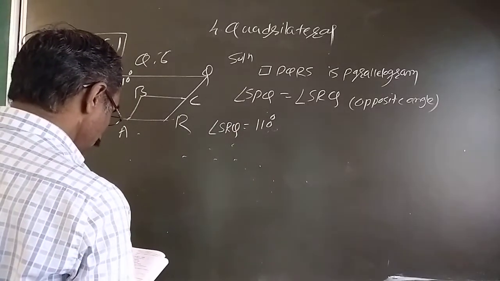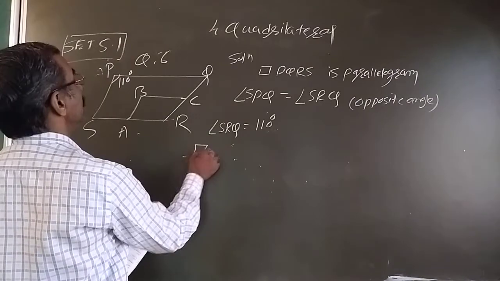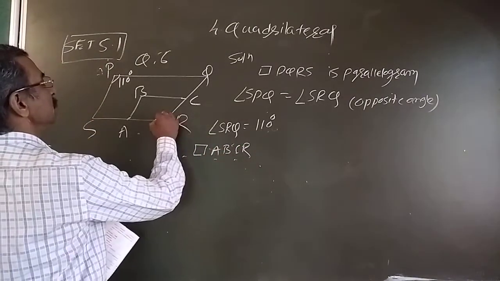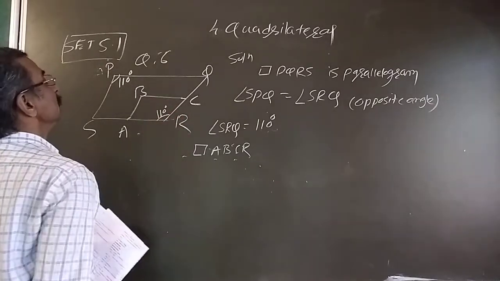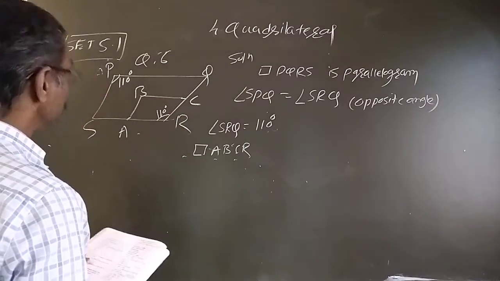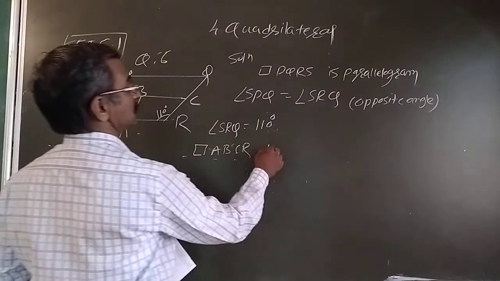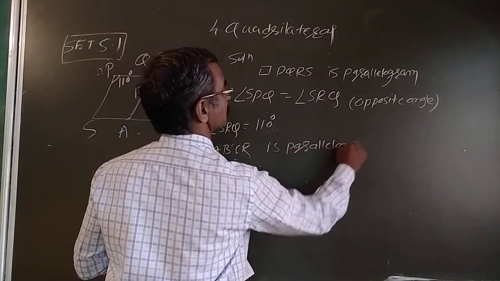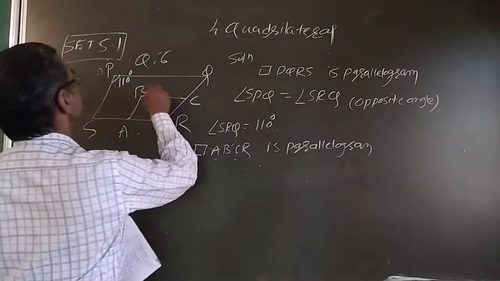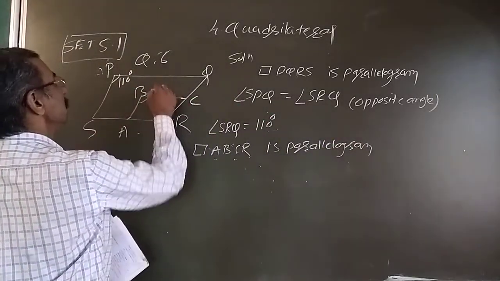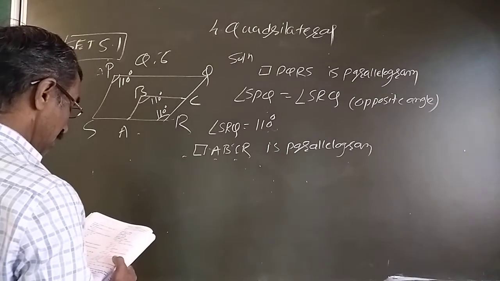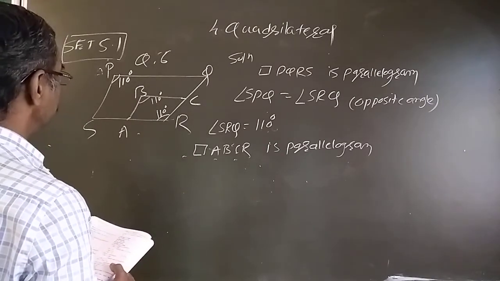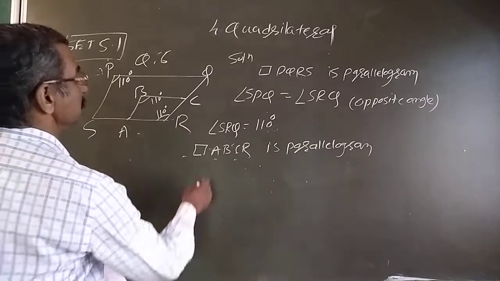Then, ABCR is a parallelogram. Here this angle is 110 degrees. ABCR is a parallelogram. Therefore, the opposite angles, the angle B, is also 110 degrees. That means angle ARC is equal to angle ABC.